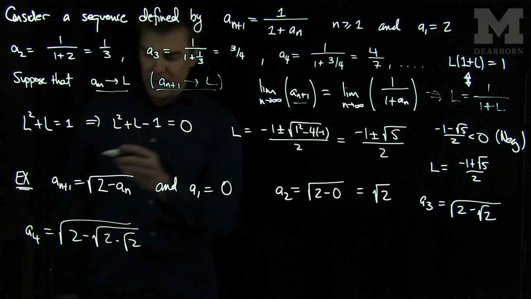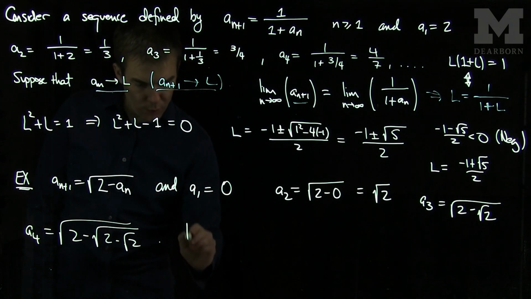But if we assume that the sequence converges to a limit, we would take the limit of both sides.